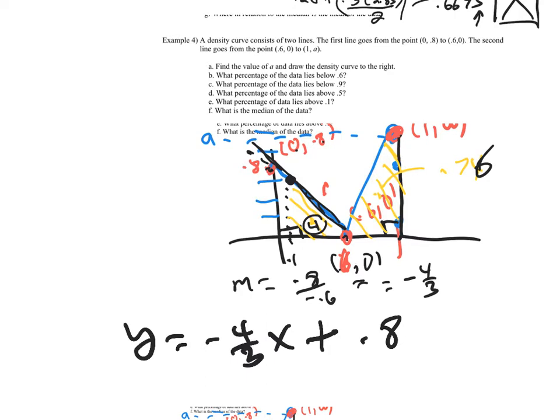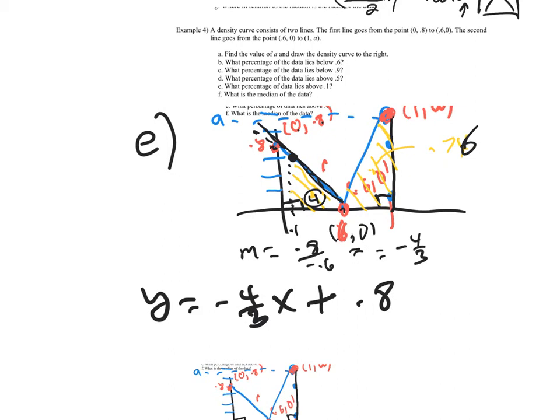This is e. So now the height of this triangle would be y evaluated at 0.1. So all you got to do is plug 0.1 into this, and you will have it.